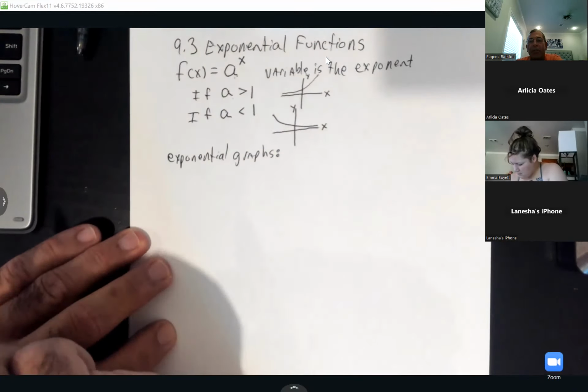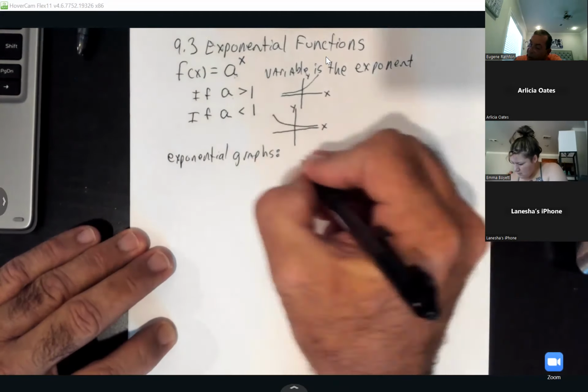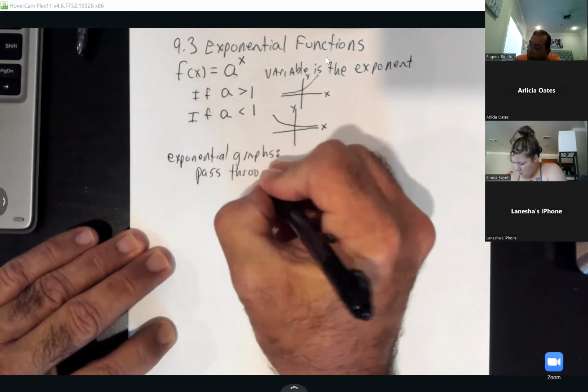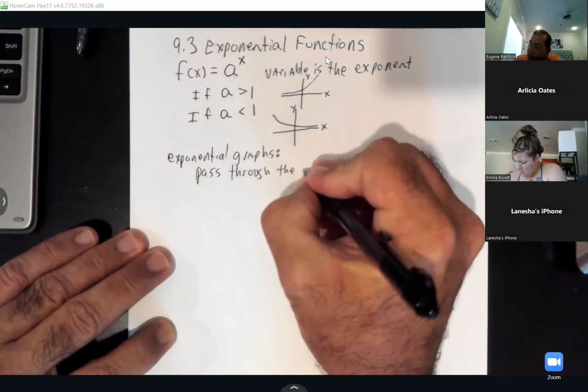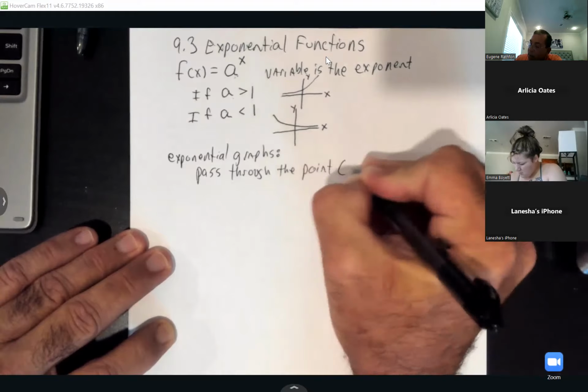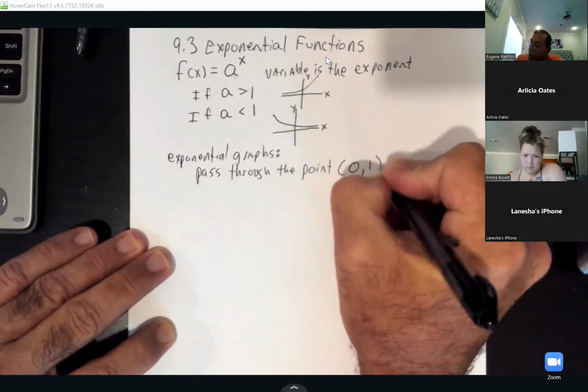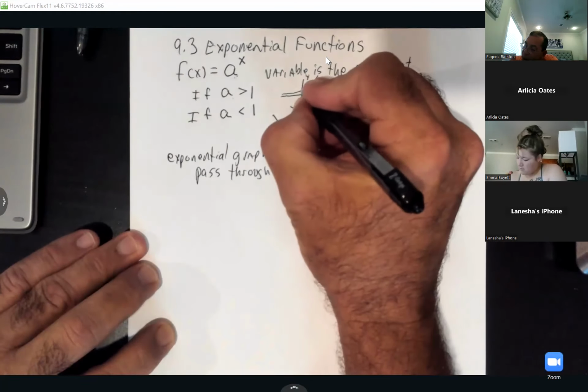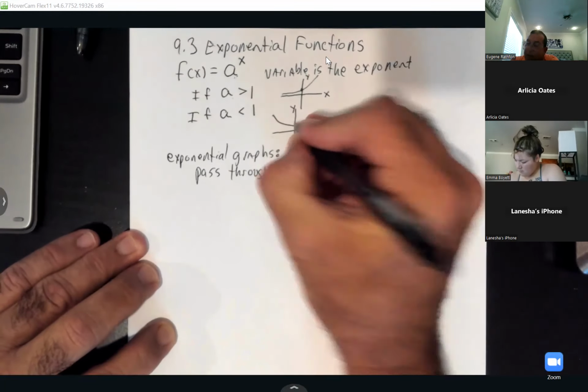One thing about exponential graphs, they all pass through the point 0, 1. So that'd be these points where I got it on that y-axis crossing right there, okay?